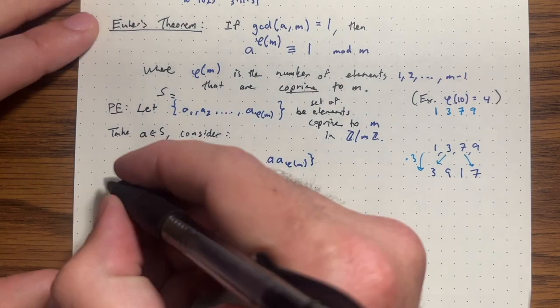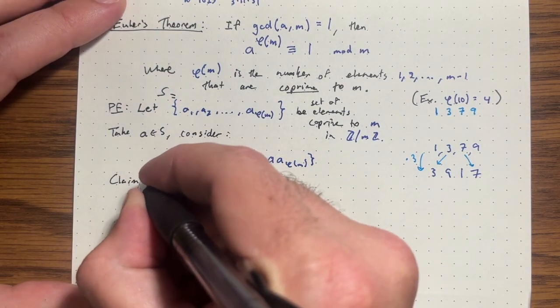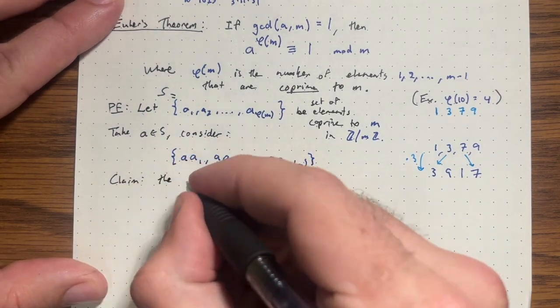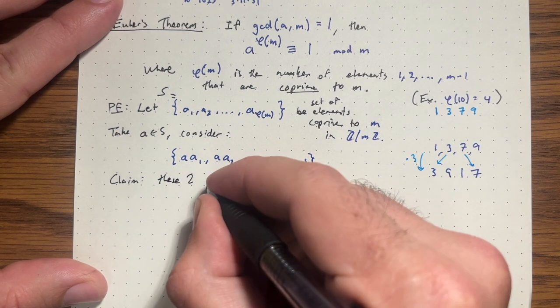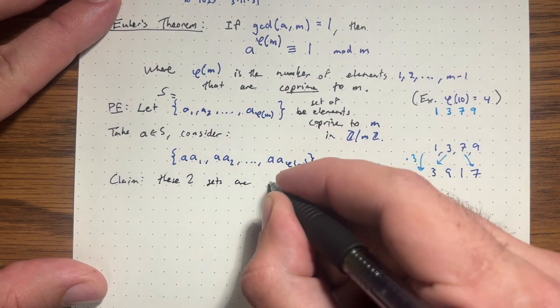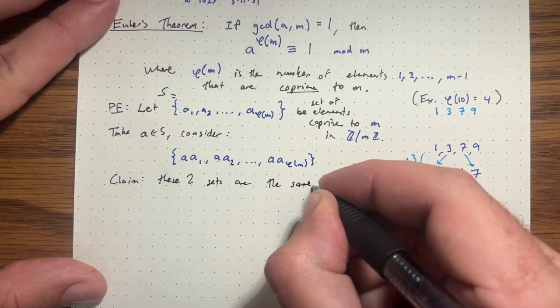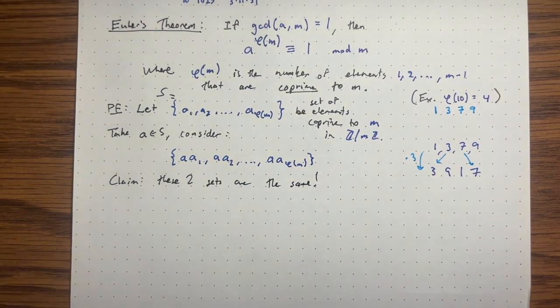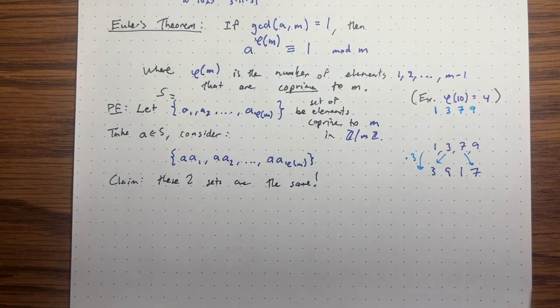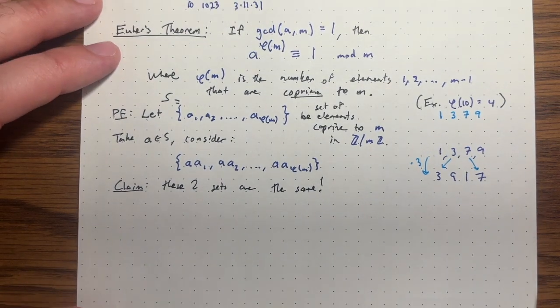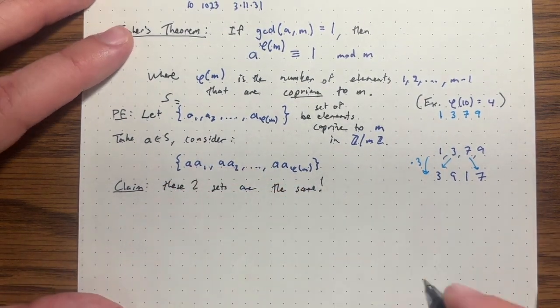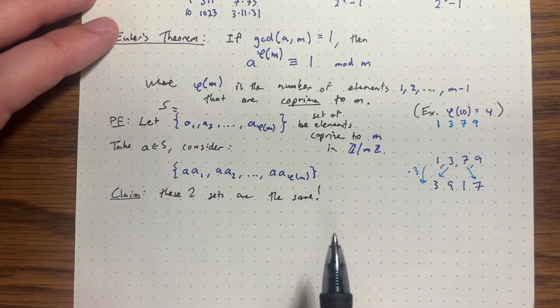And again, the claim is these two sets are the same. Why is that? Well, again, there are two parts. The first part is actually a little bit more complicated than the previous one.